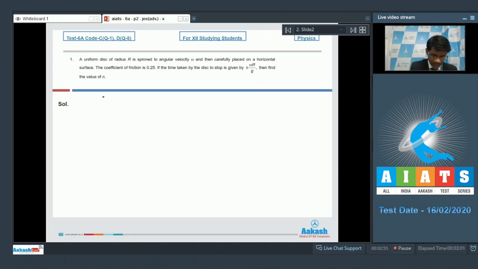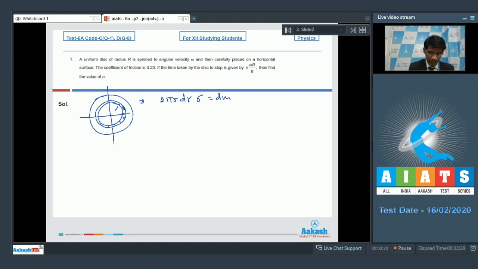This being the disk here, it was spun with angular velocity omega and then placed on a horizontal surface. So I'll be taking a small segmental area of width dr, so this much of the region shall have the area of 2 pi r dr, and if sigma is the mass density, this one is the small mass under consideration.